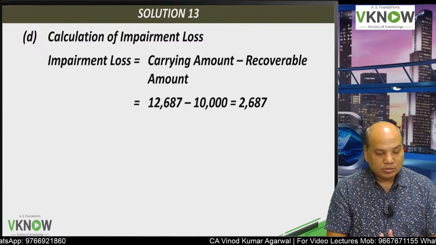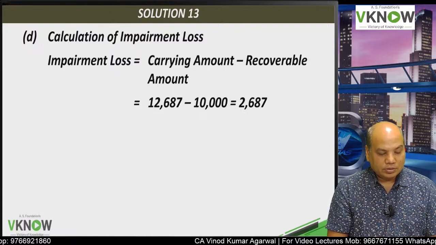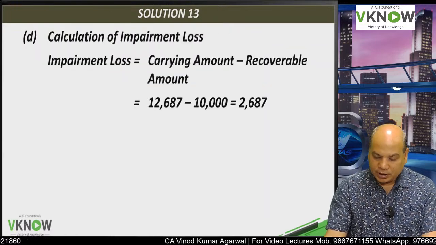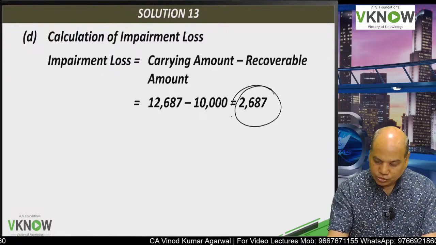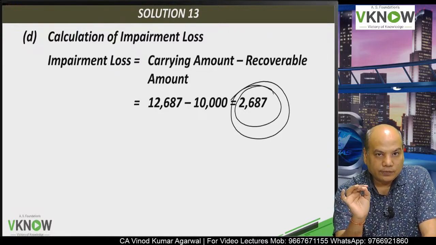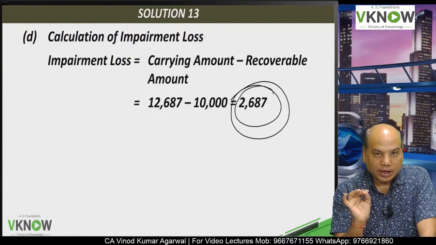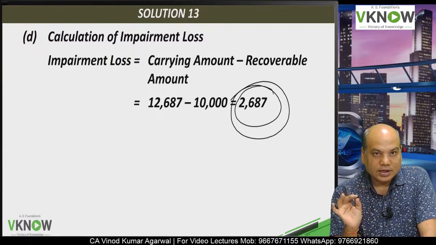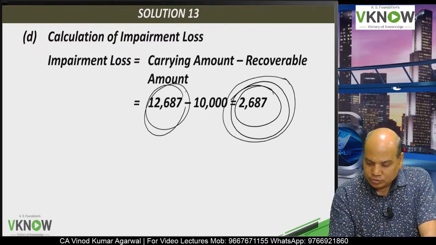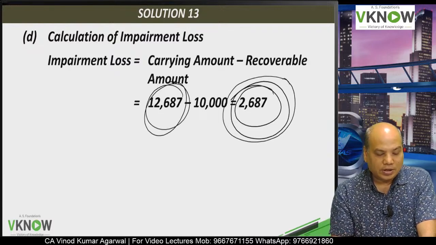Recoverable amount, step number D or C, 10,000. So therefore my impairment loss will be 2687, and I am going to reduce it from the carrying amount. I will get the revised carrying amount.